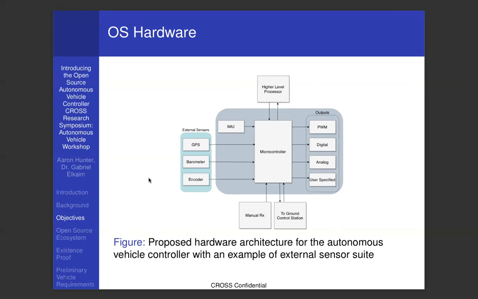And then it will inherently provide a connection via some form of high-speed serial to a higher level processor or multiple processors. Additionally, it'll have a dedicated channel that can communicate via radio to a ground control station such that it can mimic the usability that is done for UAVs, for example. And then it'll have a manual remote control input as well for a human user to take over control at any point.